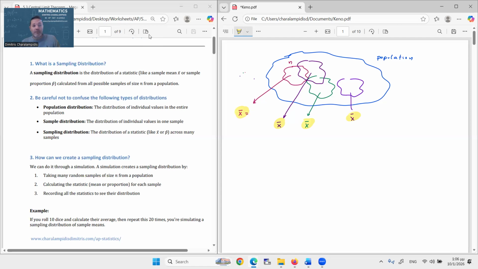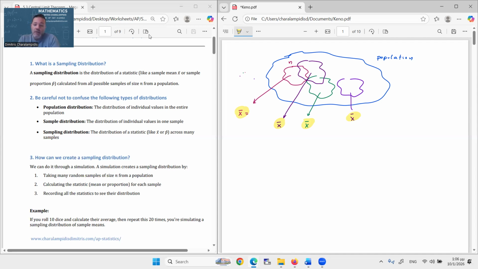Be careful not to confuse the following types of distributions. What is super important for us is that these three types, population distribution, sample distribution, and sampling distribution, are not to be confused. By population distribution, we mean the distribution of every individual value in the entire population.